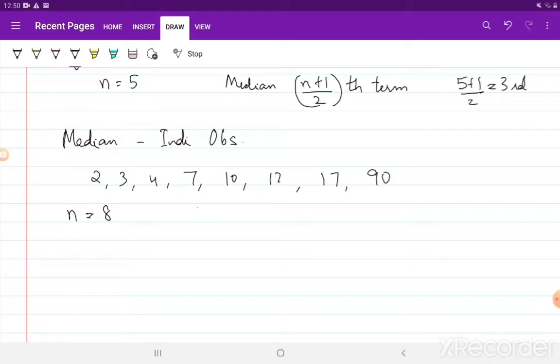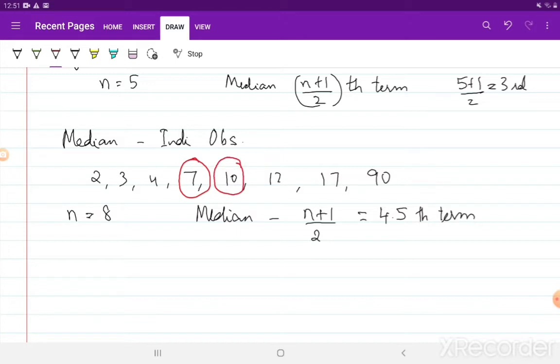In this case, your median value will be the 4.5th term in the distribution. However, since the 4.5th term is not there, it will be the average of the 4th and the 5th term.